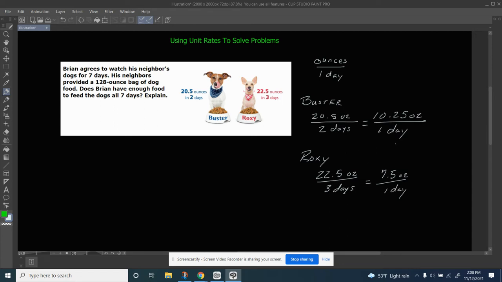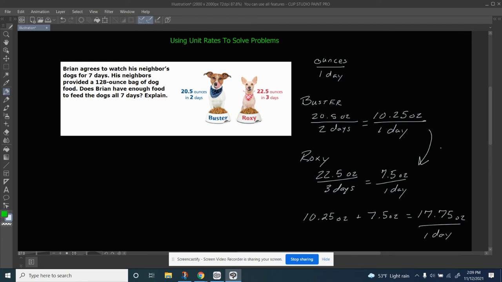All right. So we can figure out how much they're going to eat total for 1 day by adding these two values up. So if we take Buster, which is 10.25 ounces, and we add that to Roxy at 7.5 ounces, we know that these two dogs are going to eat 17.75 ounces in 1 day total.